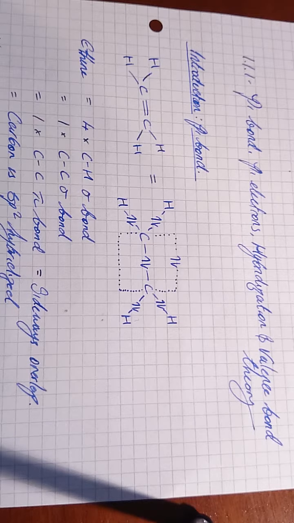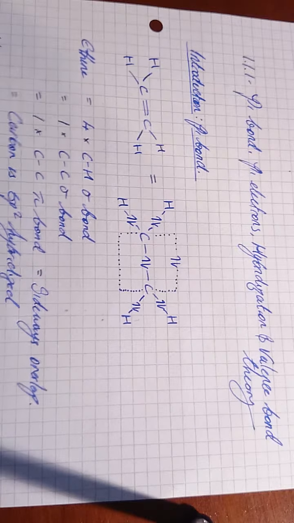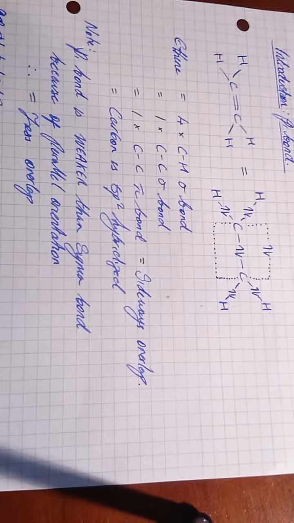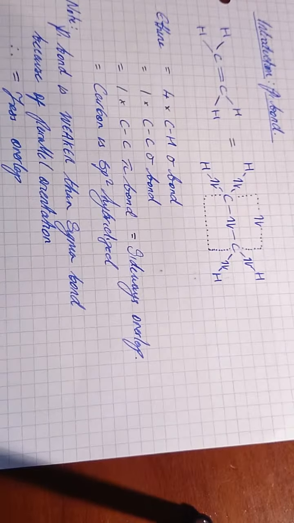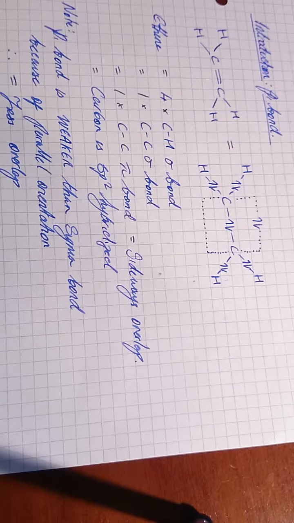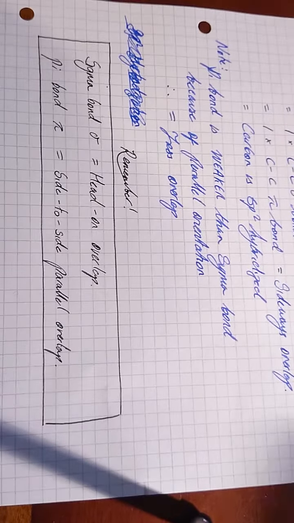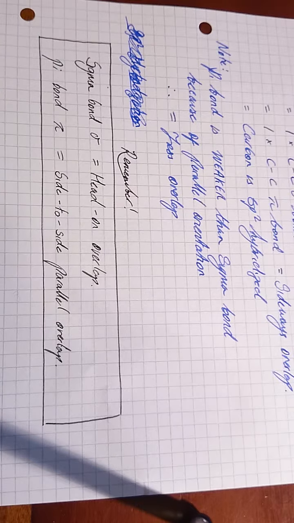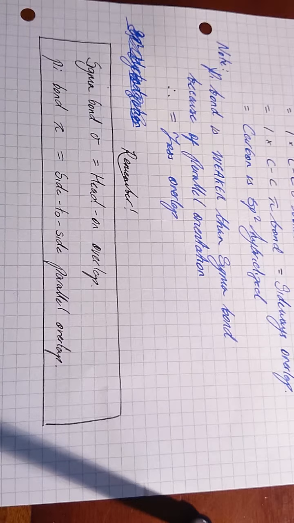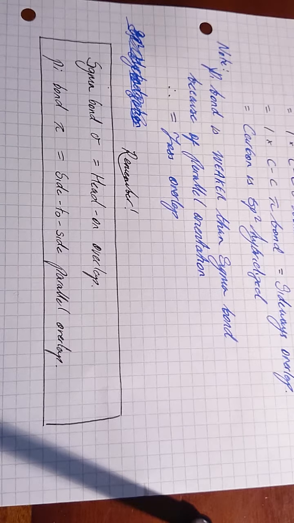Therefore, they are generally weaker than sigma bonds. Please remember, sigma bonds are head-on overlap, and pi bonds are always side-to-side parallel overlap.